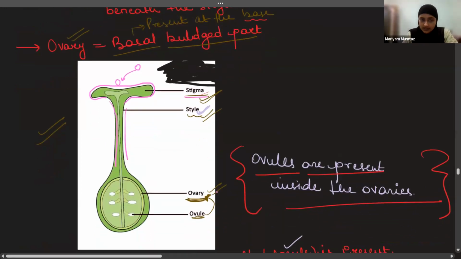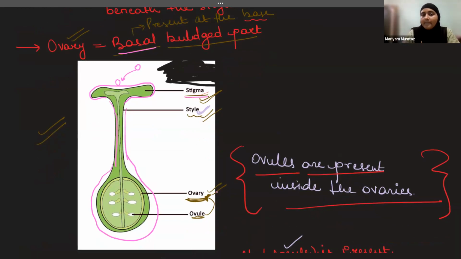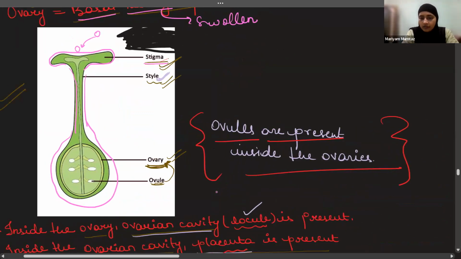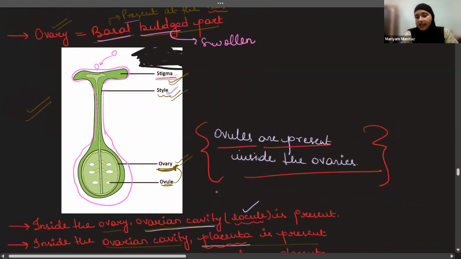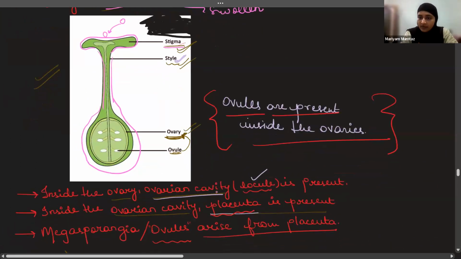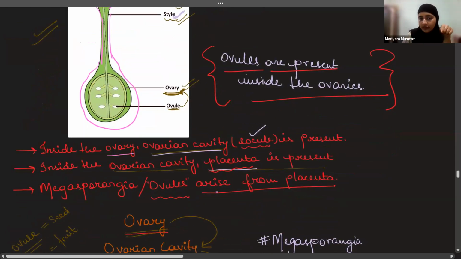Lastly, you're seeing here a very swollen portion, right? The basal bulged or swollen portion is the ovary, and it is present at the base because basal. Clear? Now, inside the ovary, ovules would be present, but not so easily. There is a whole entire thing that we have to go through. Inside the ovary, the ovarian cavity is present.